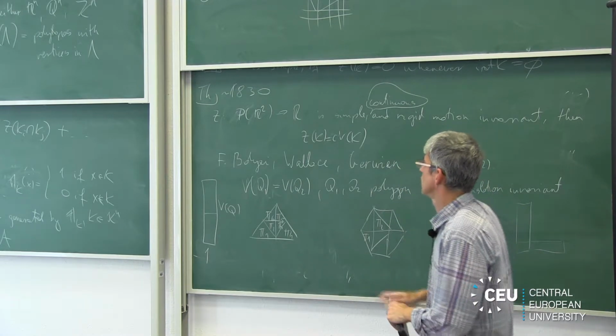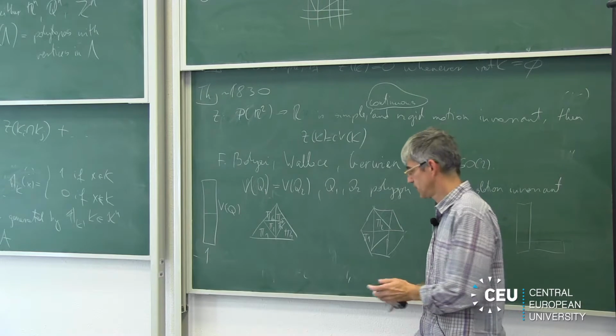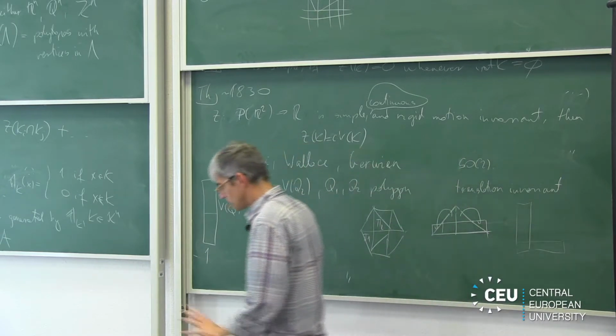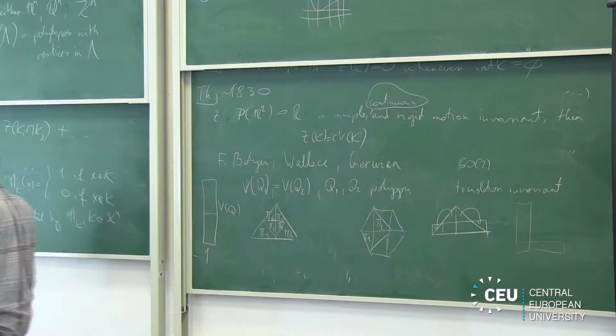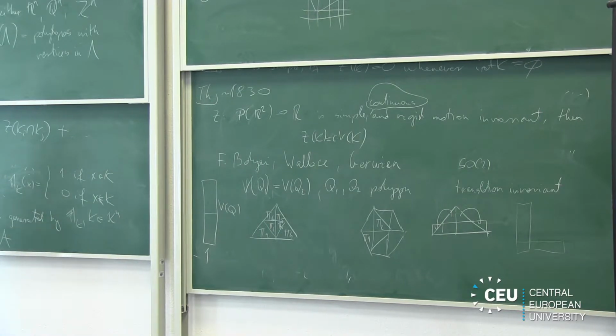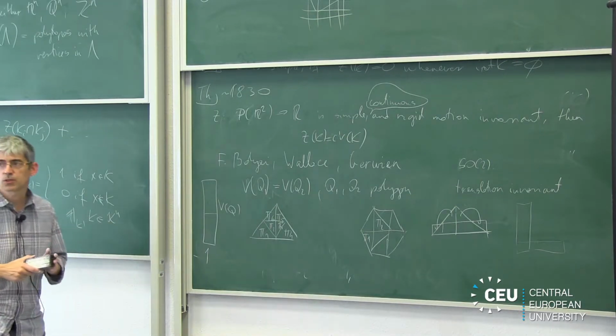So this was kind of the first instance of valuations without knowing the notion of valuation. And then Hilbert asked the same question as Miklós around 1900 in his big lecture. I think it was his 3rd problem: whether the same property holds in higher dimension than 2, for polytopes.